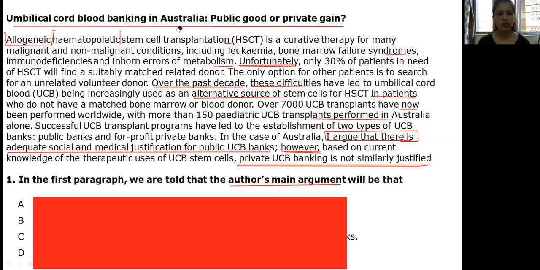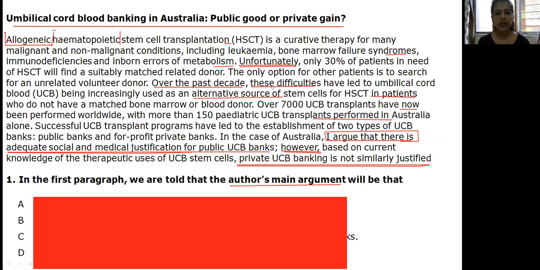Okay. So if the writer was against, why would he use the words there is adequate social and medical justification? Justification is the logic or the reasoning. So the writer is saying that there is adequate medical and social justification, and he is not completely against UCB because you can see a lot of positives he has given.